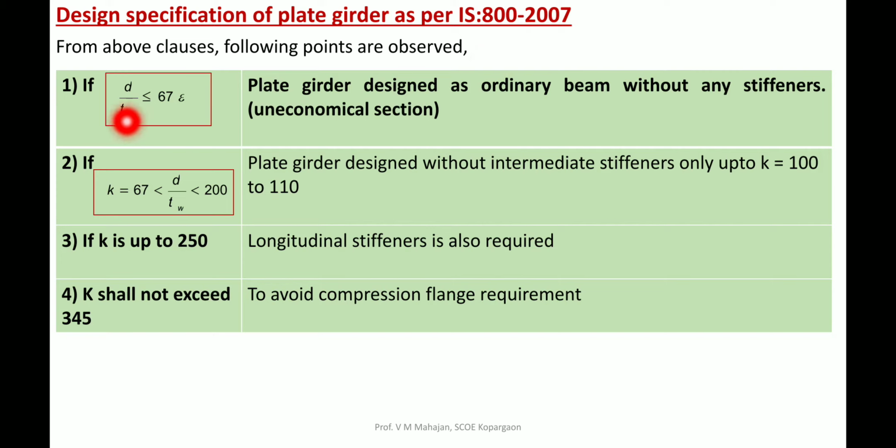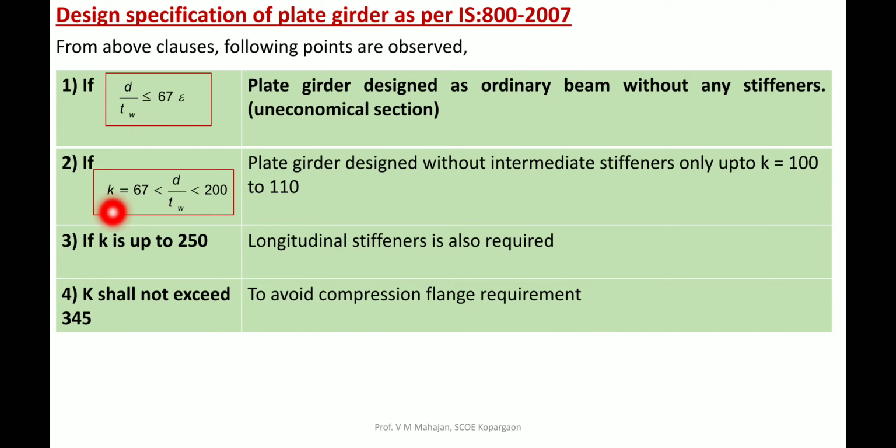If the ratio D by Tw is less than or equal to 67 times epsilon, then the plate girder is designed as an ordinary beam without any stiffener, or the section is known as an uneconomical section, because here we are not going to provide any kind of stiffener: intermediate stiffener, bearing stiffener, or longitudinal horizontal stiffener. That section is called uneconomical because the D by Tw ratio is less than or equal to 67.